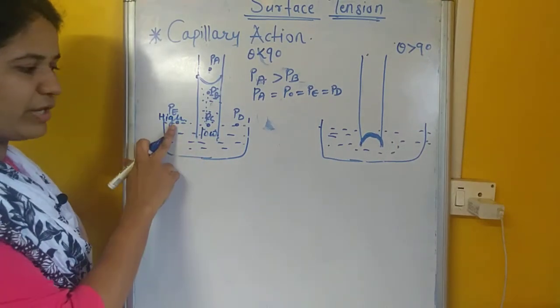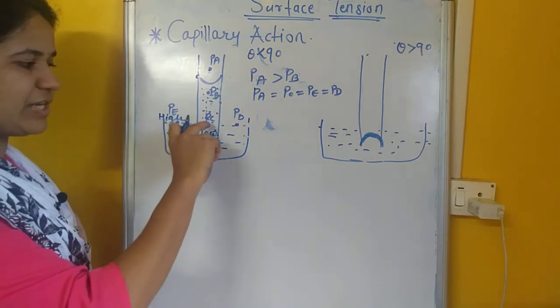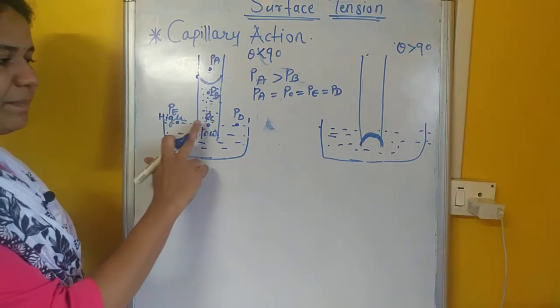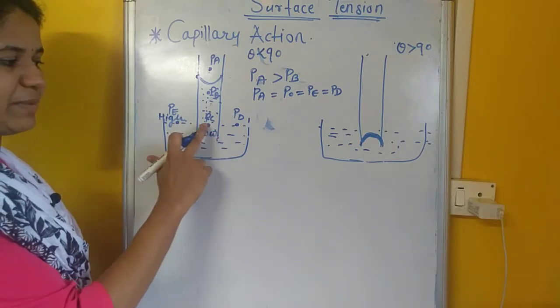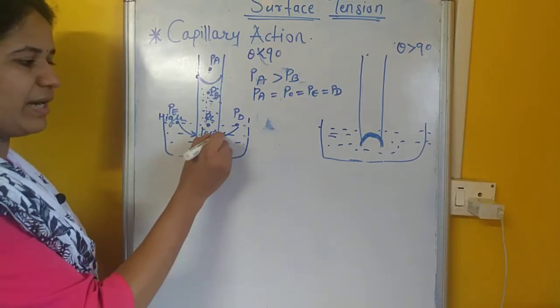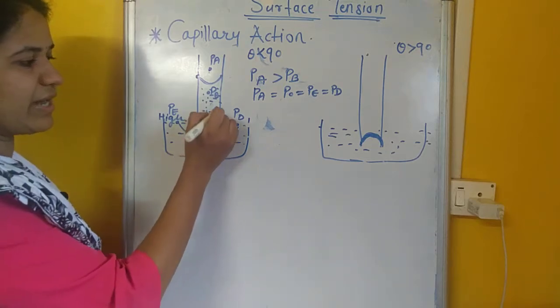According to this principle, the pressure at each height must be the same. So to maintain the atmospheric pressure at point C, pressure always travels from high to low, and hence the liquid level rises up.